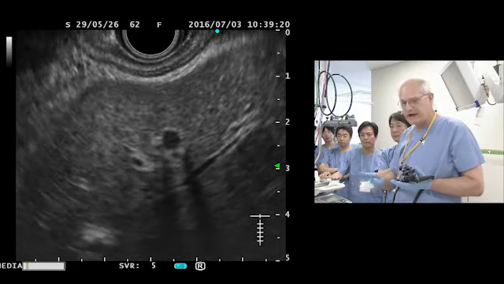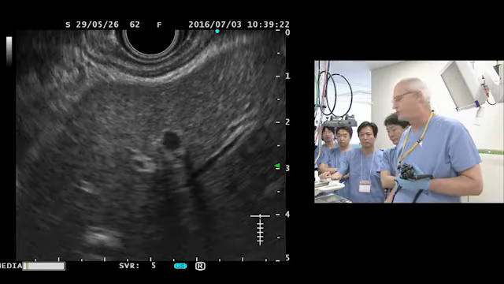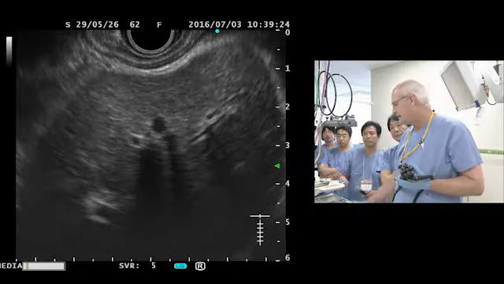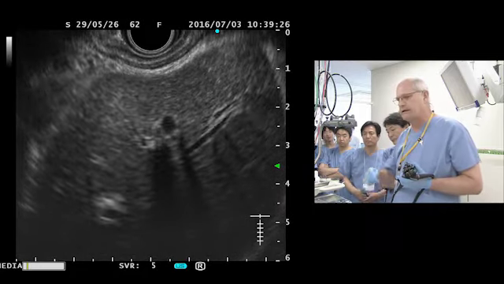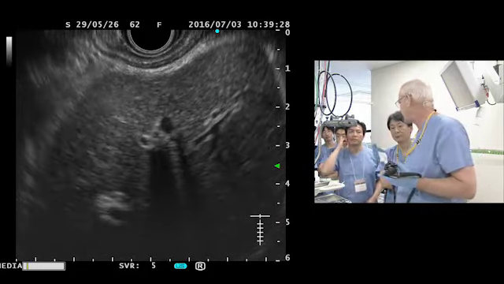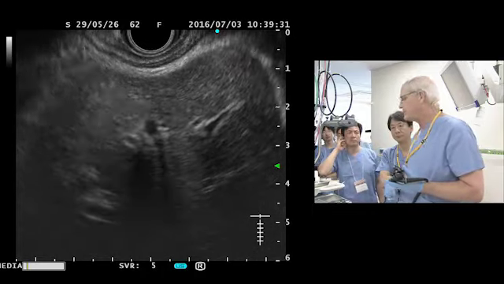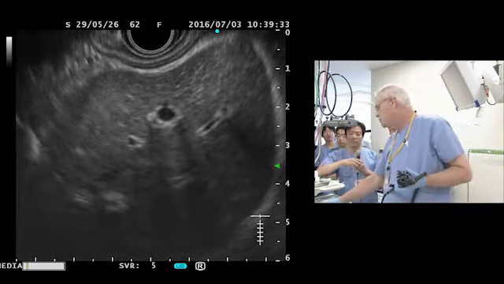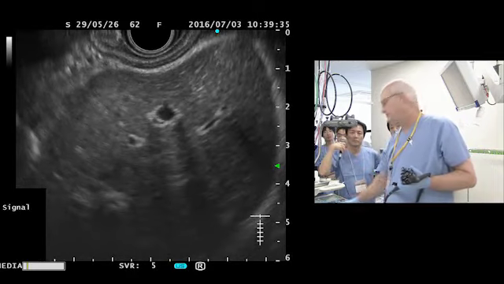She has a negative family history for pancreatitis, so it's somebody that has chronic relapsing pancreatitis for no apparent reason.